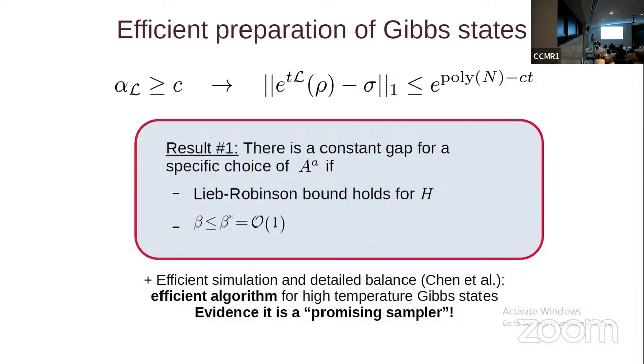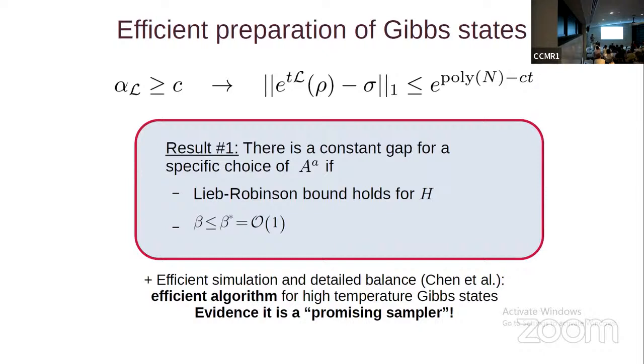Then, as long as the inverse temperature is smaller than some threshold, which is of constant order, the spectral gap, this C here, is really of constant order. So this tells us that this Lindbladian of Chen et al. gives you an efficient algorithm for all high temperature Gibbs states of, let's say, physical systems.